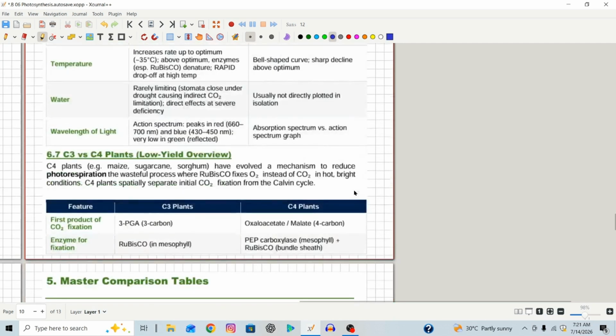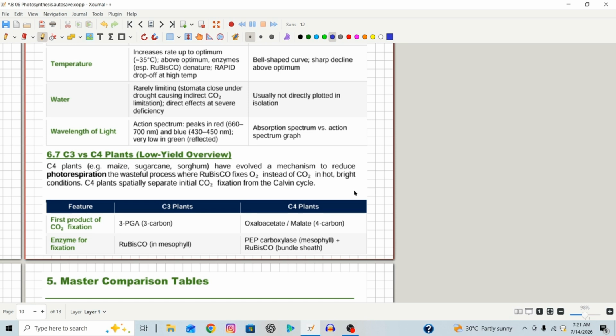There are actually two types of plants: C3 and C4 plants. C4 plants are like evolved versions of plants that are present right now. C4 plants are the plants that reduce photorespiration.